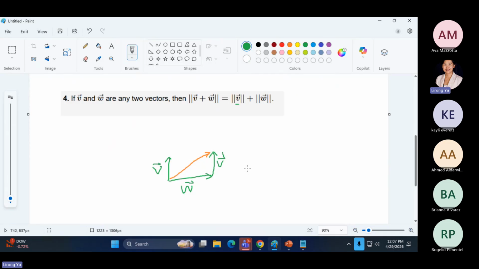When are they equal? When they are along the same direction, when they are parallel. For example, if you go V this way, and W is in the same direction, then this is V plus W, and they will have the same length.